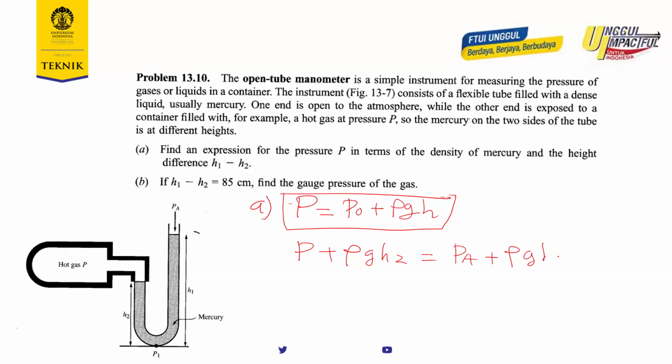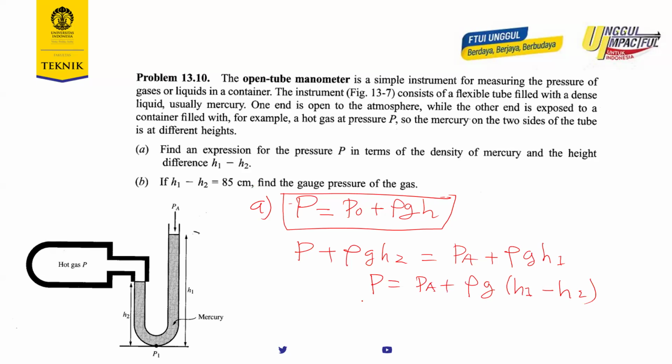Okay, and then we can move the pressure. Here P is PA plus rho G (H1 minus H2). So this one is the expression for problem A.